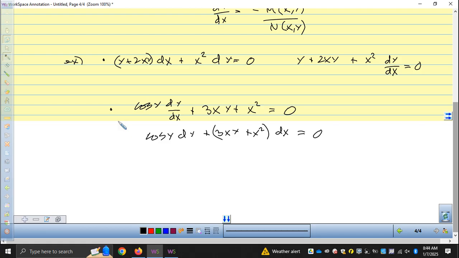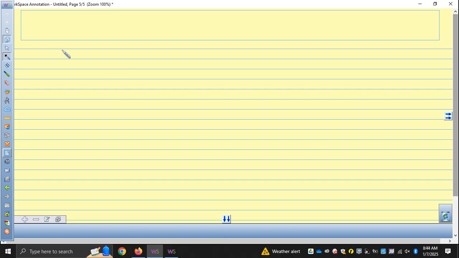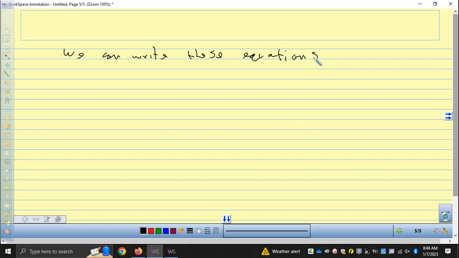All right, good so far. So we can write these equations in this form: F, some function of x, y, y prime, dot, dot, dot, up to the nth derivative of y, equals 0.